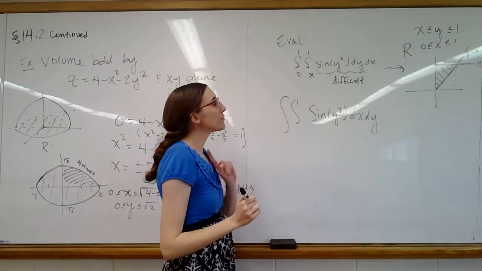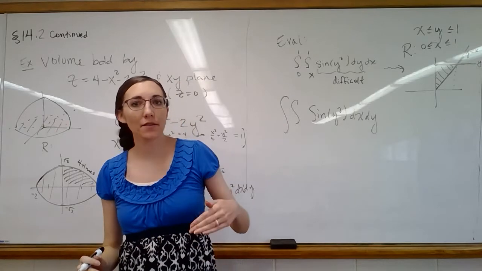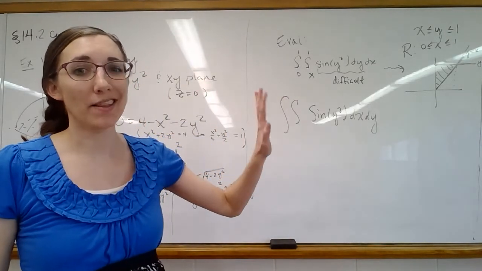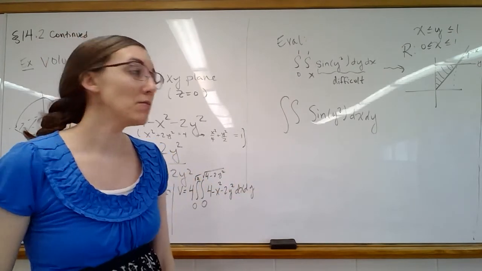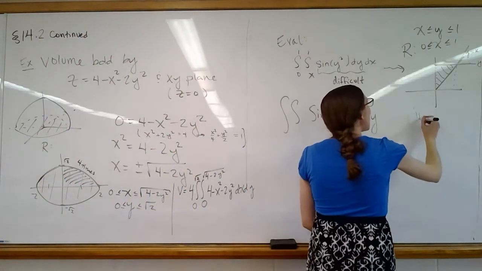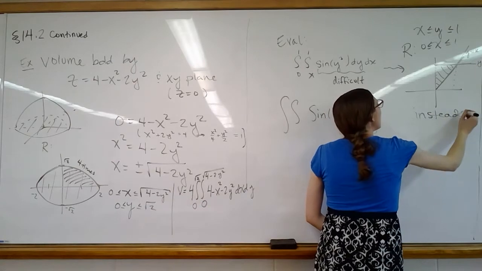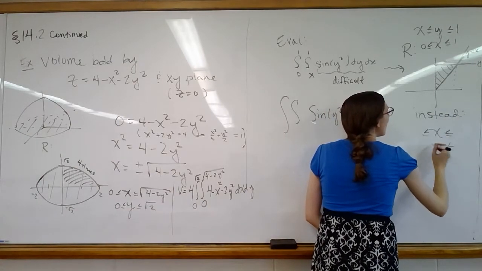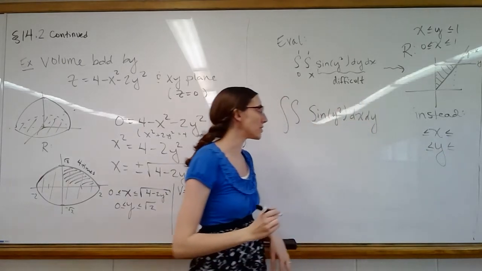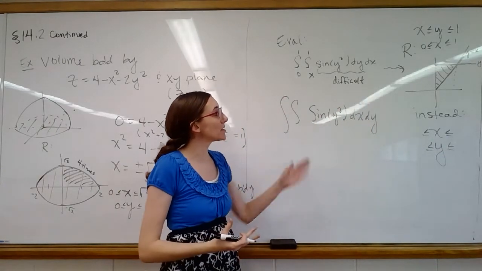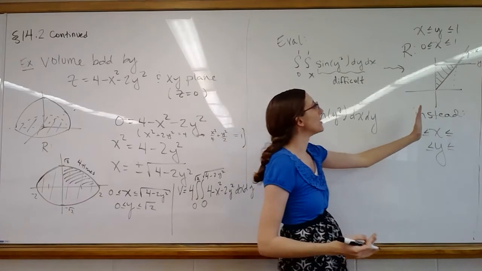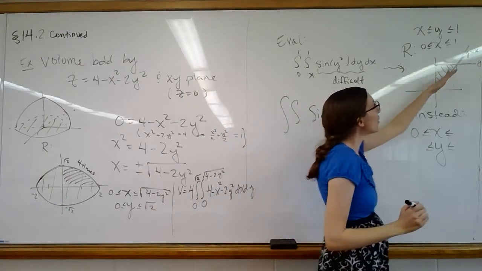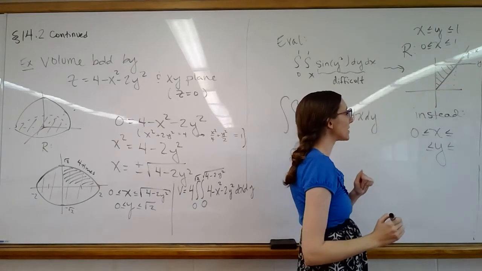So what we want to do if we're going to flip these is, rather than looking at this region as top-bottom curves, we want to look at it as right-left curves. So instead, let's look at where does x go from and to, and then in terms of that, where does y go from and to. So x, the leftmost curve, is really this y-axis. So x goes from 0 over to the line y equals x.